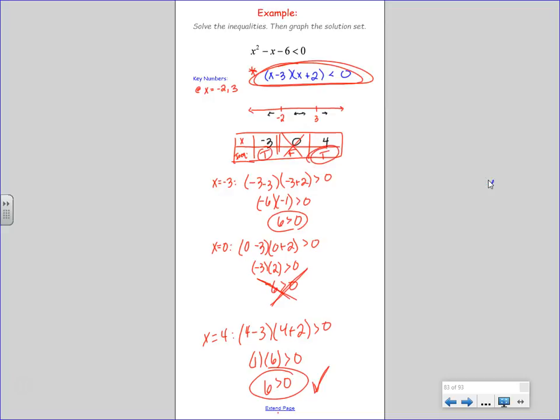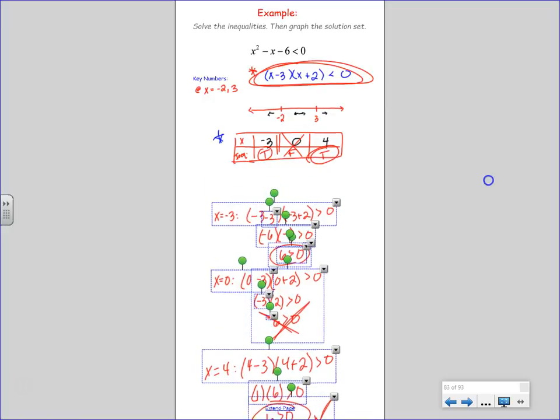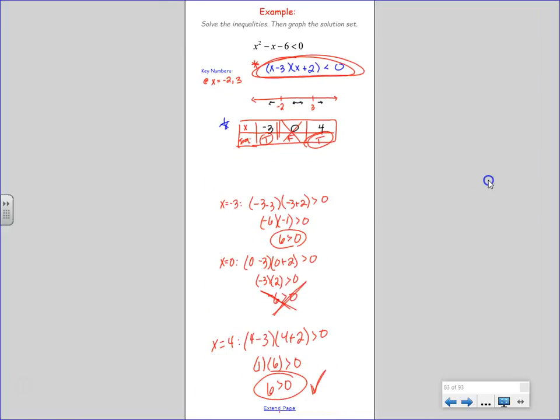And then we have to put all of our information together. We have to take our little sign chart that we made and ask, what are the solutions to this entire problem? I'm going to move my work down really quickly, just so I have some space. For what intervals did I get true statements in my inequality? My solutions will be x is within -infinity to -3.